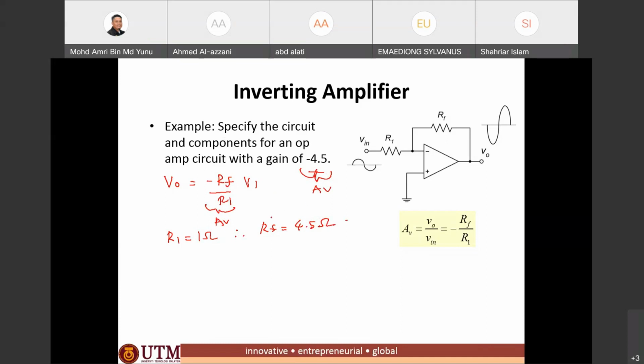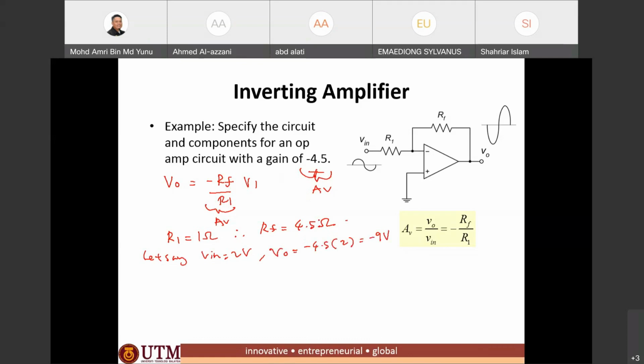So that satisfies the gain requirement. Let's say we set the input to 2 volt, and then we expect from the equation that V out will be negative 4.5 multiplied by 2, which is negative 9 volt.